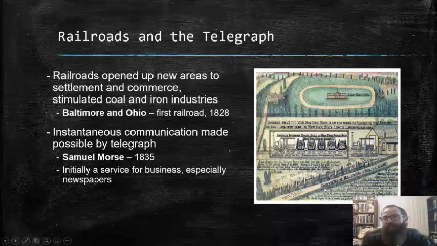Another significant development in this period was the telegraph, invented by Mr. Samuel Morse in 1835. The telegraph made instantaneous communication possible for the first time in human history and allowed people in far-flung areas of the country to be able to connect with each other at a speed heretofore unthinkable to most people.